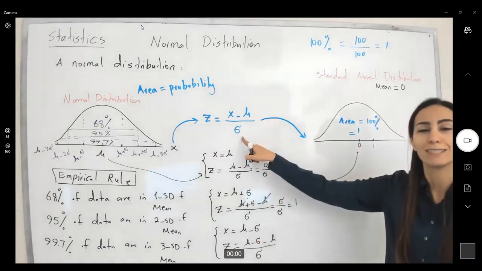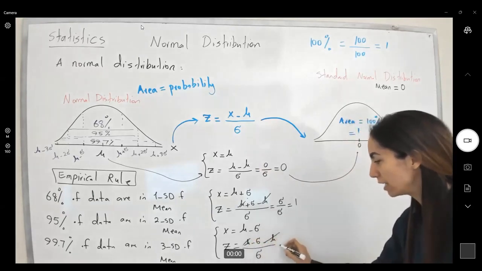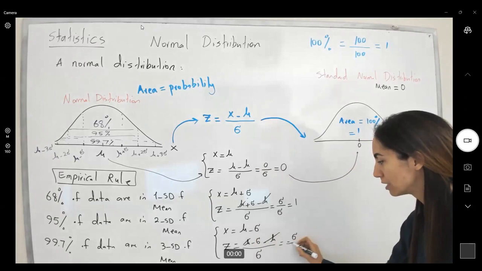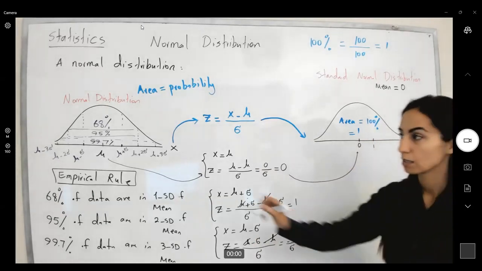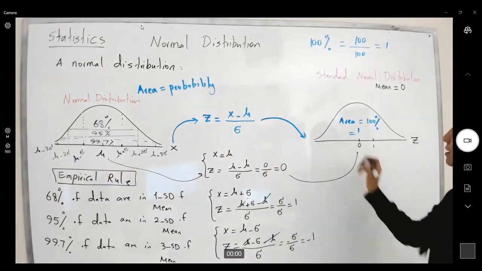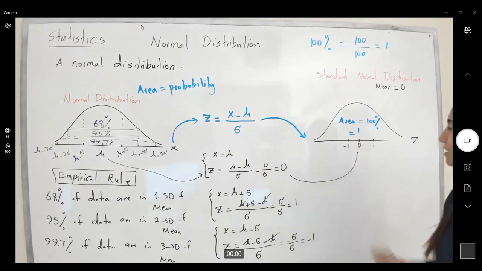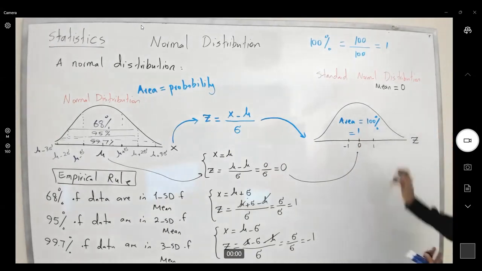As a formula, I have to write it down. Mu and minus mu cancel out. I'm left with negative sigma divided by sigma, which is -1. This number, mu minus sigma, is just -1. You can convert the rest of them into z values.